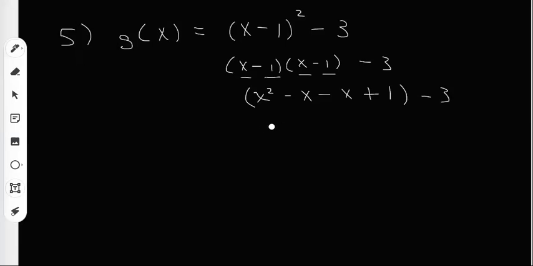So now, simplifying this a little bit, I know I'm going to have x squared minus 2x plus 1 minus 3. And then the last thing I can do is put the regular numbers together. So I get x squared minus 2x minus 2.